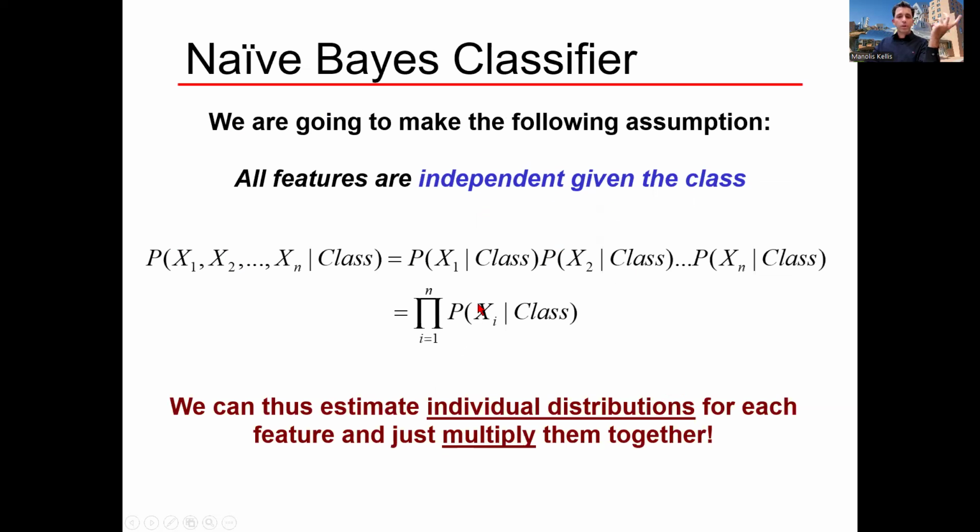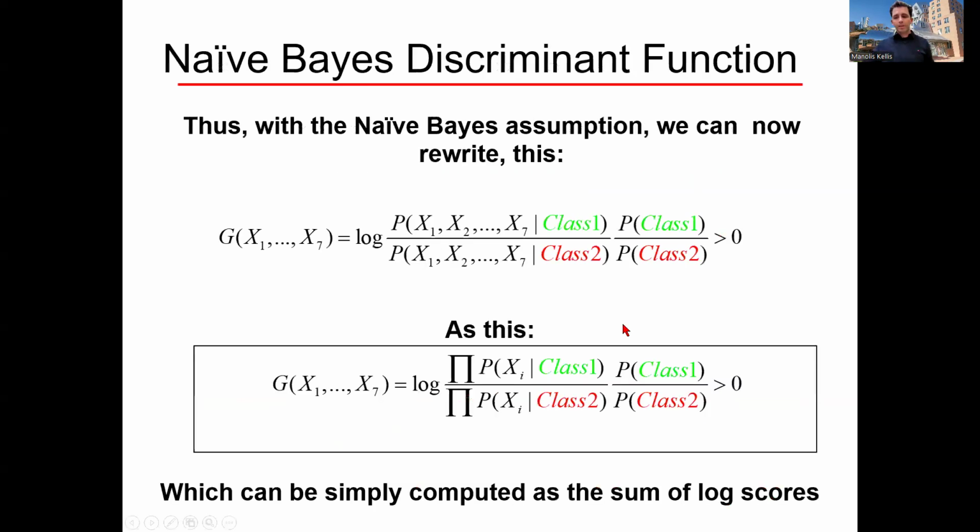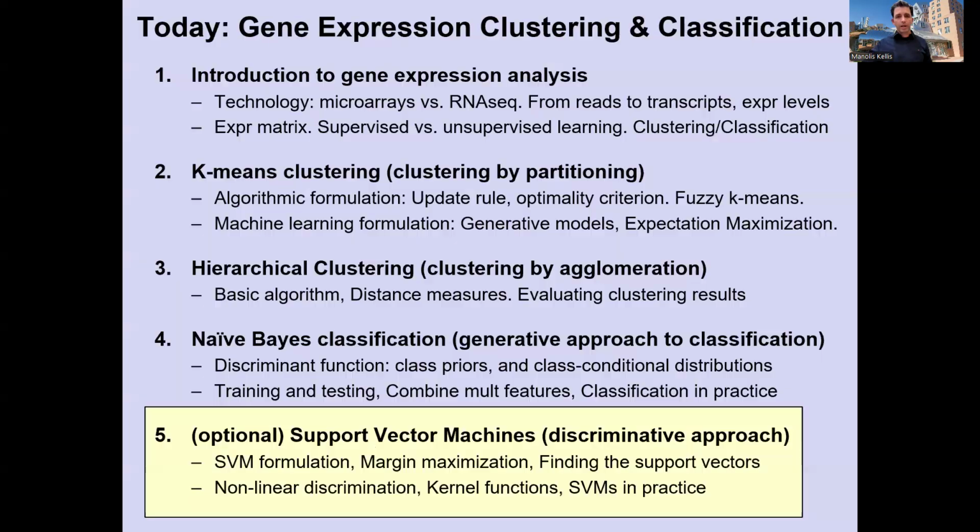Of course, this is almost never the case. However, you could do some kind of principal component analysis. You could basically separate all of these different measurements into a set of separate principal components, and then you can actually use Bayes classification that way.